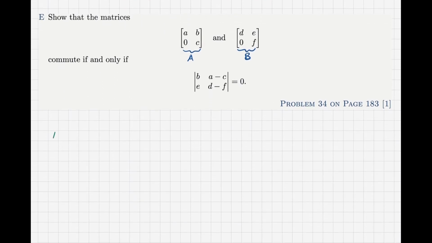Then what can I say? I would say that A and B commute if and only if. What is the meaning of these two matrices commuting?